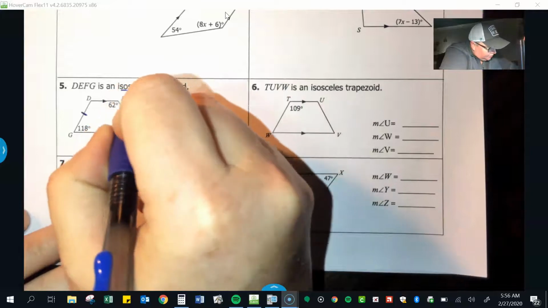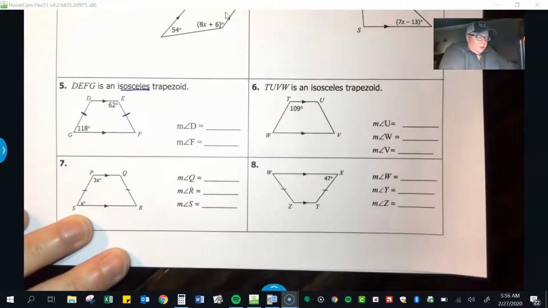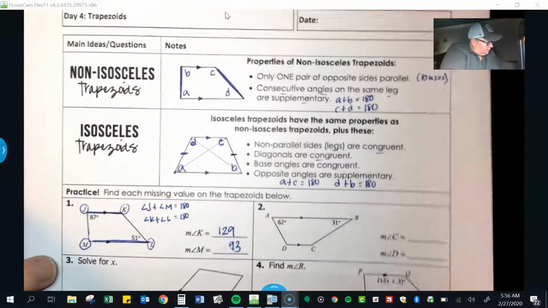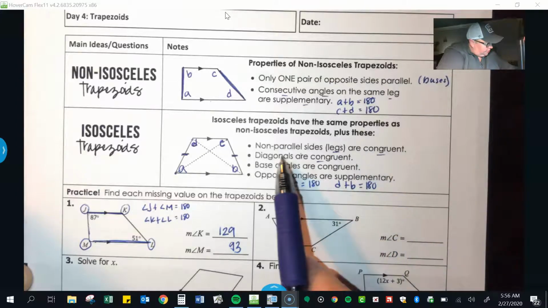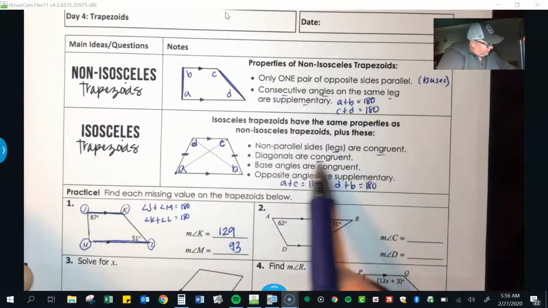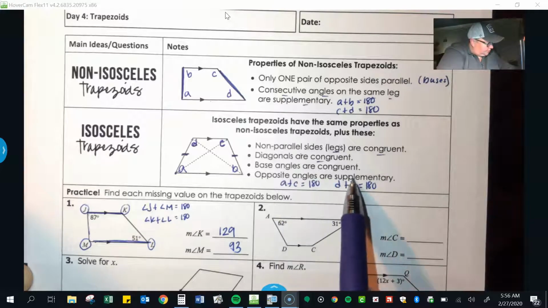Oh look, they told us. They didn't leave the marks, but they told us. Since it's an isosceles trapezoid, my non-parallel sides are congruent, my diagonals are congruent, my base angles are congruent, and my opposite angles are supplementary.